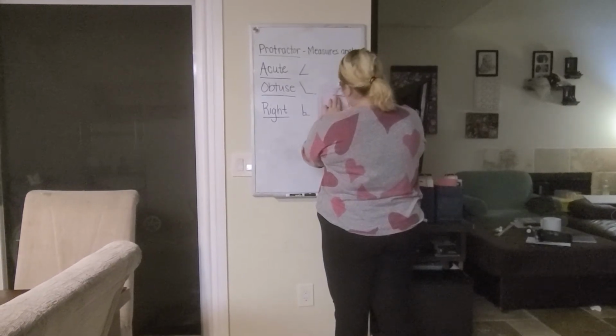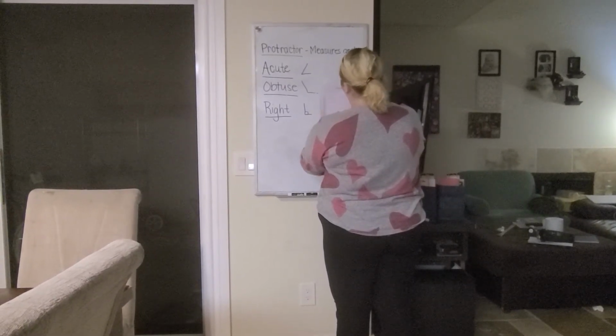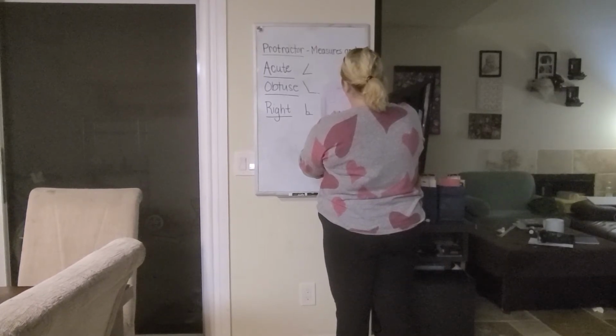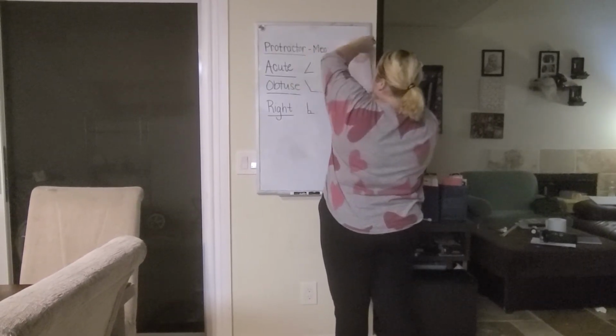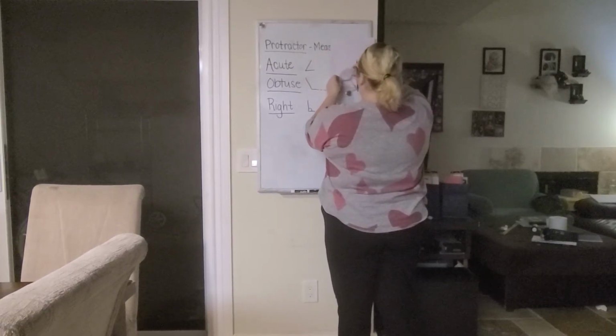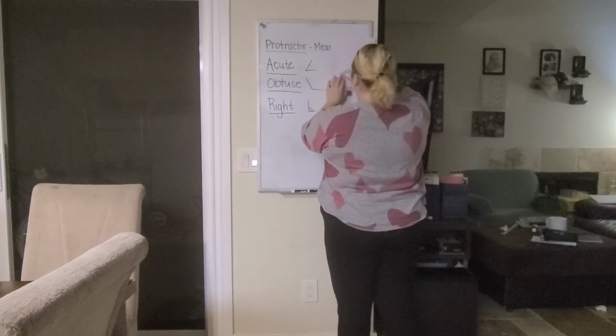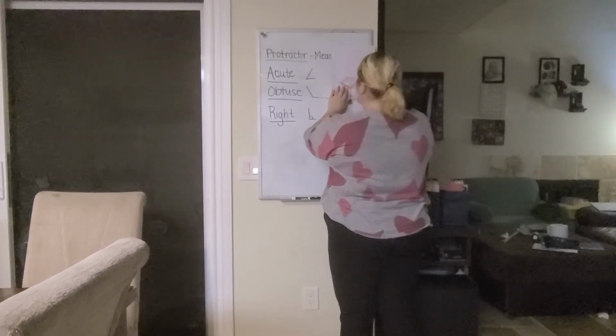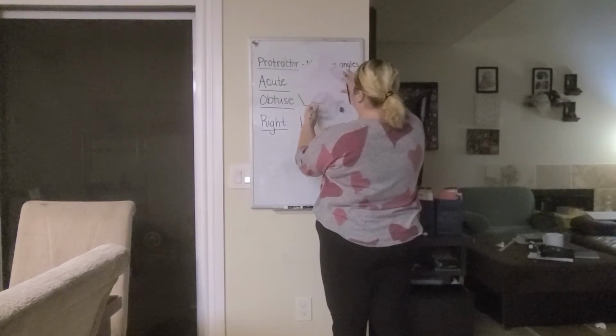Okay, and this one is also less than 90 degrees. Now flip your paper over and everybody get the third and final angle. Now this one is greater than 90 degrees.